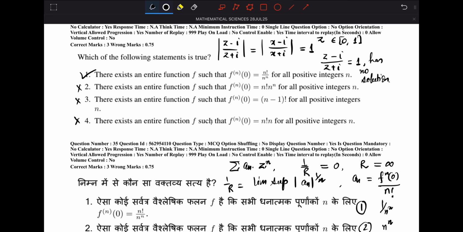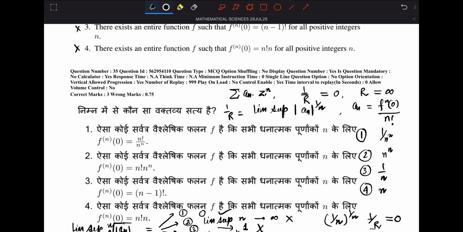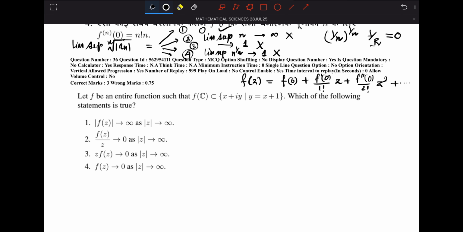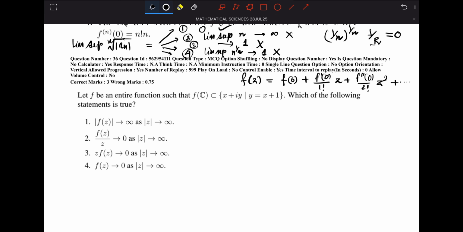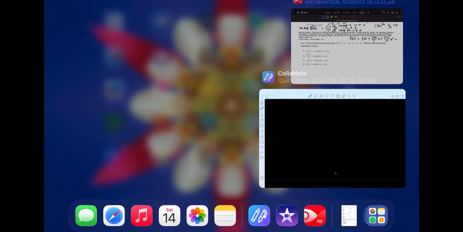So you can also do it by Cauchy inequality. I don't have enough space here, so let us do it here. Cauchy inequality.